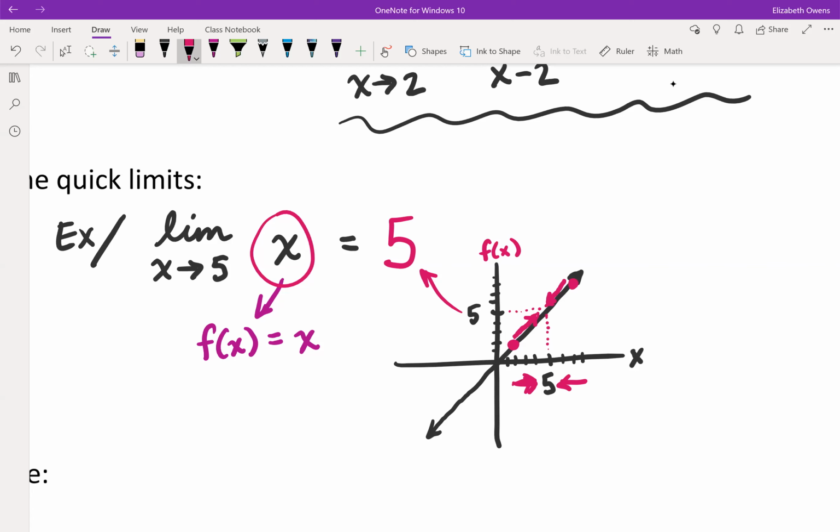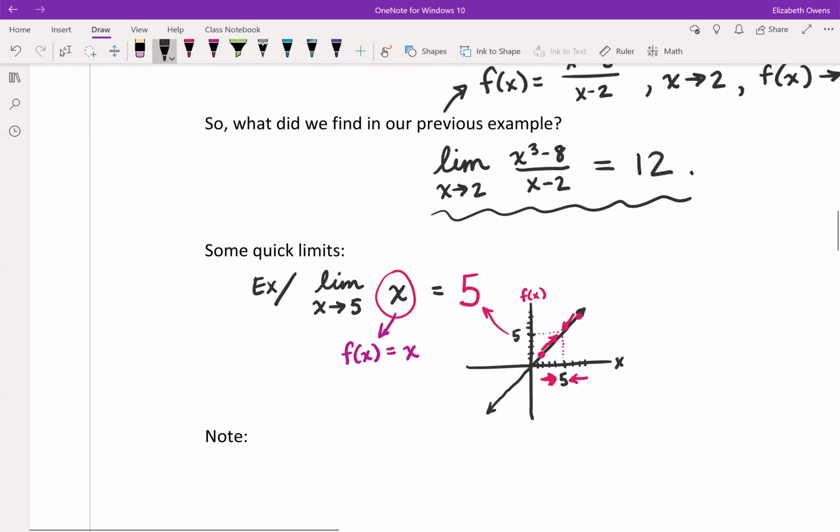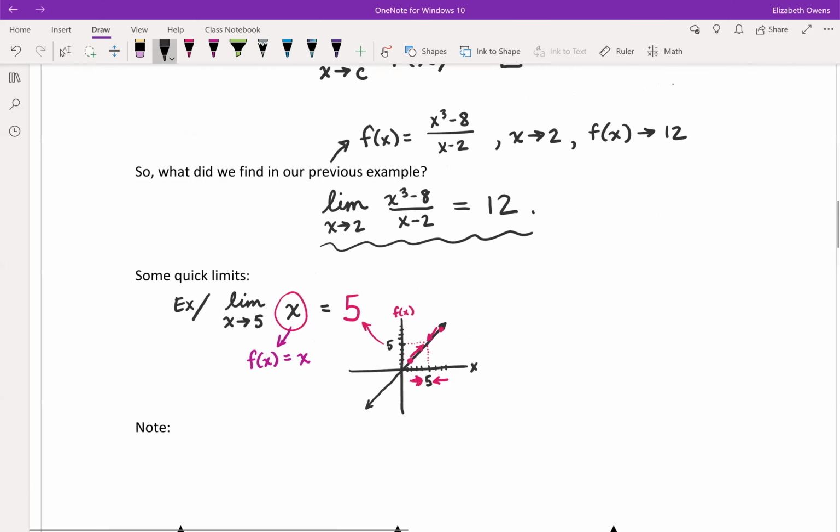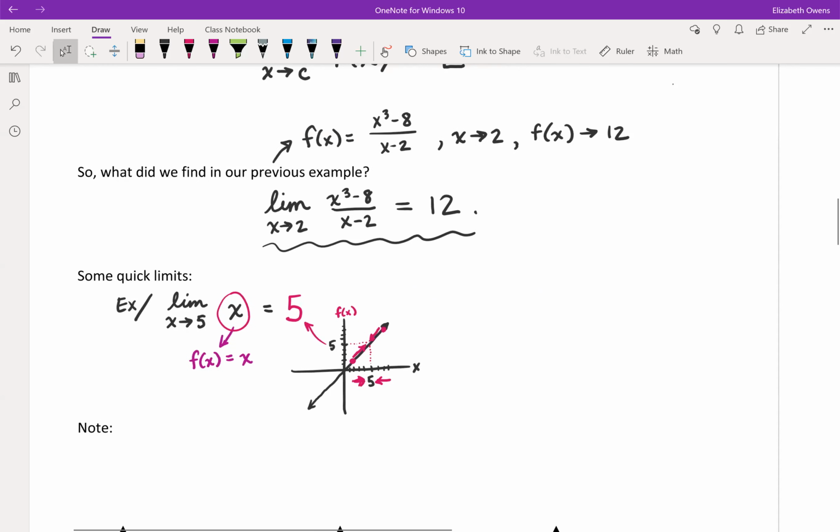Well, let's do another kind of quick limit here with a little graph. Look at the limit as x approaches -20, and our function f of x just equals 3.